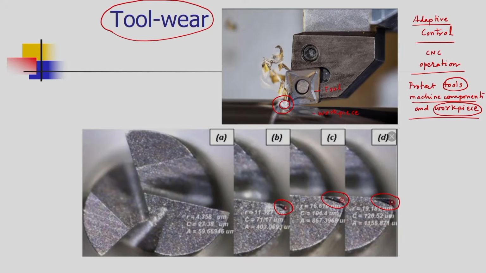So, this concept is called adaptive control, in which the machine control unit has the capability to get the information from various sensors which are mounted on the machine tool for monitoring purposes, and based upon the sensory input the machine control unit will take the decisions to change the process parameters or to change the tool.